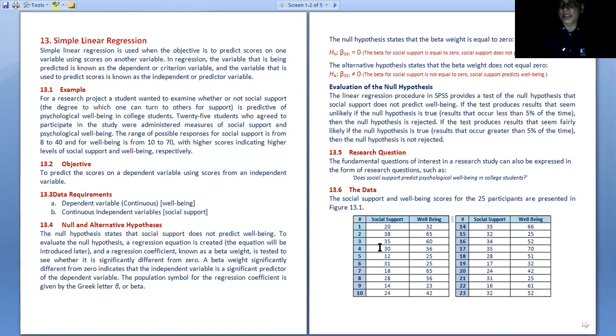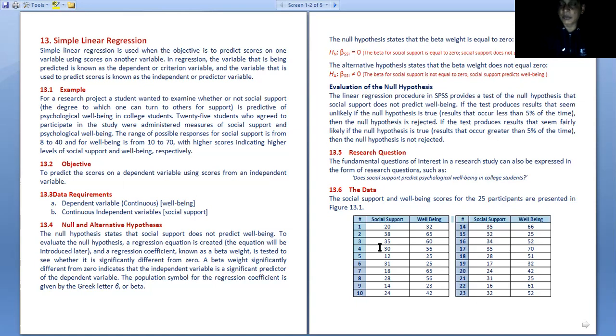Now coming to the hypothesis test, we are basically using a null and an alternate hypothesis. The null hypothesis says that the independent variable does not predict the dependent variable. The alternate hypothesis says that the independent variable predicts the dependent variable, and the regression coefficient, which is denoted by the Greek alphabet beta, is taken up here.